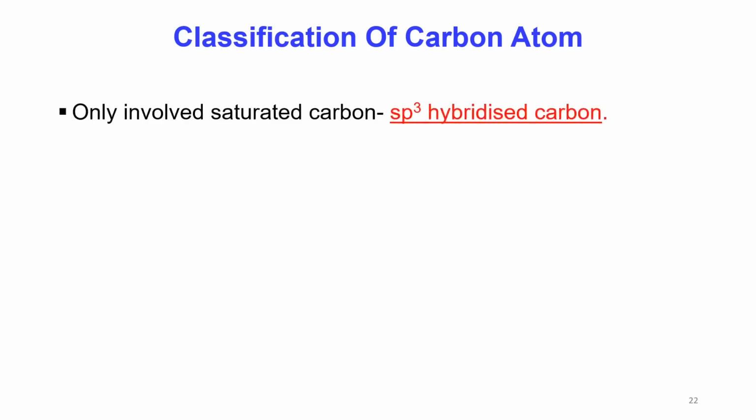The next topic is classification of carbon. Classification of carbon only involves saturated carbon, which is sp3 hybridized carbon, meaning the carbon has only 4 single bonds.